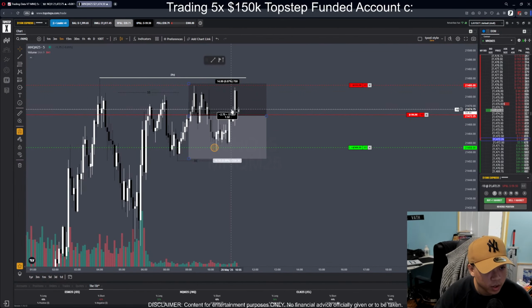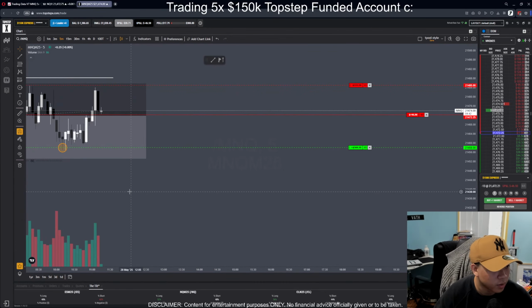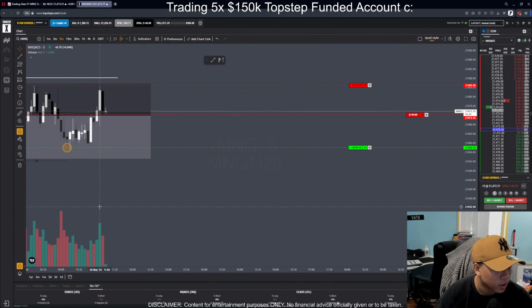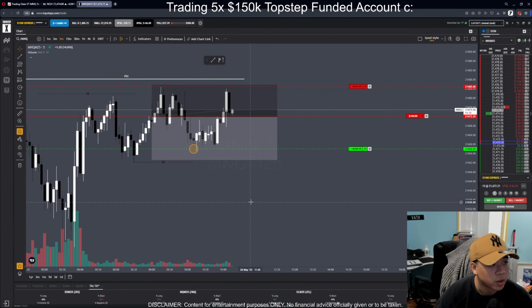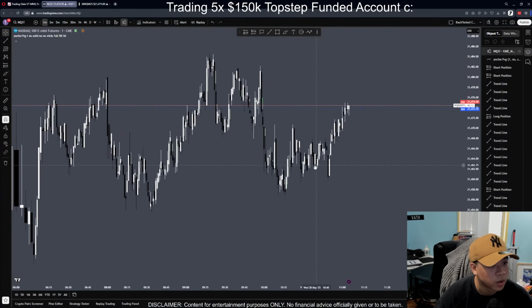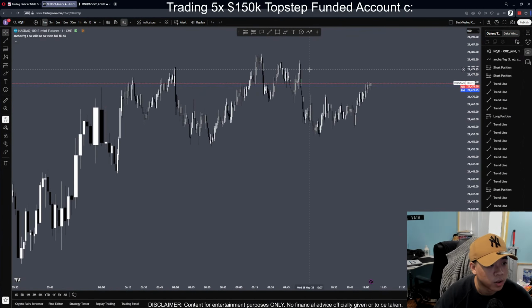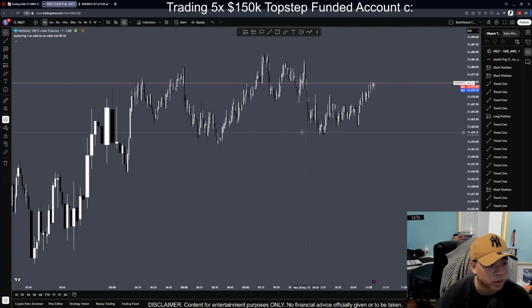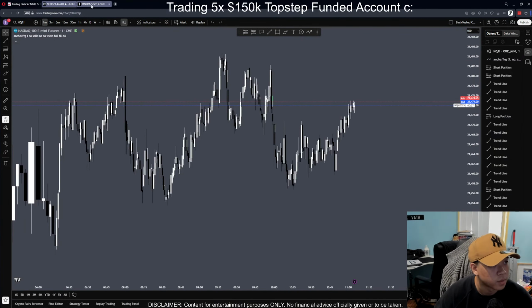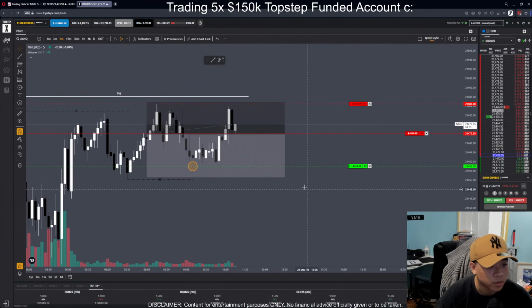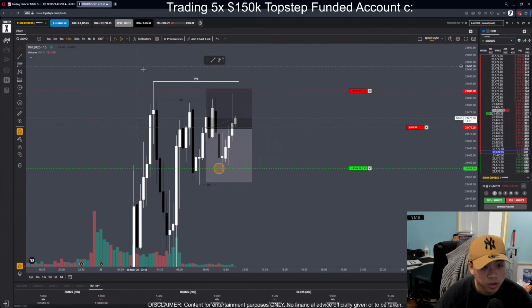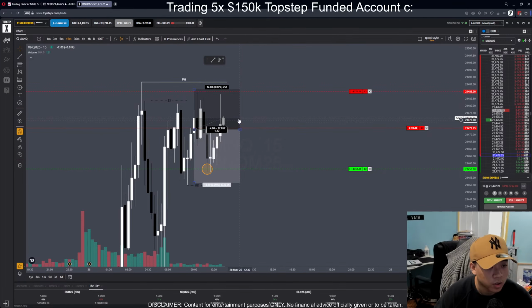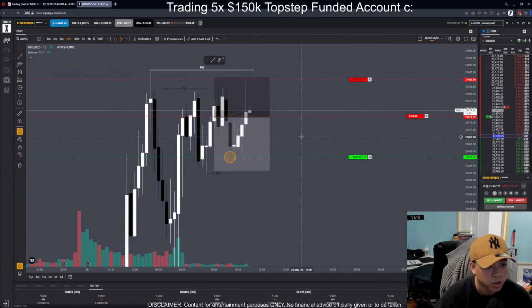Two big bullish candles, bullish. Look at the volume. The minute candle just closed, so you can see that there.